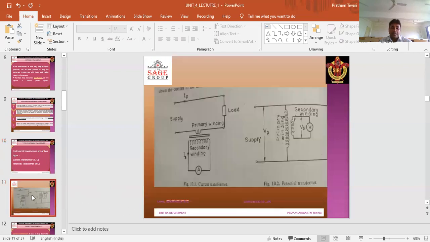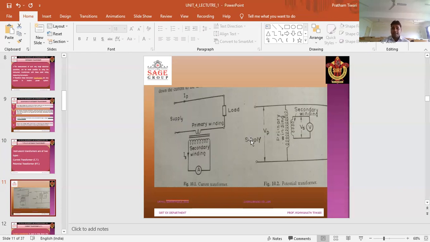This is the circuit diagram we are using in the presentation, as shown in different types of substations and laboratories. This is the arrangement of the current transformer. In industries, the primary of the current transformer is connected to the power circuit in series, and the measuring instruments are connected on the secondary side of the CT.